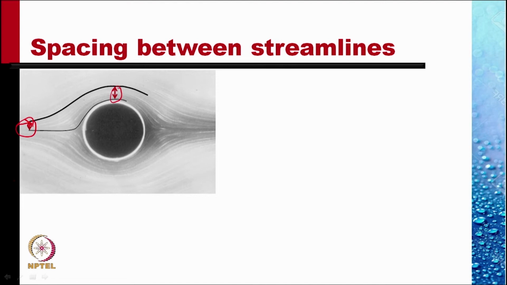The spacing here is the largest, so the velocity here should be smallest. In fact, this point is the stagnation point where there is no velocity. If we draw the velocity profile at the shoulder, this is the velocity profile.